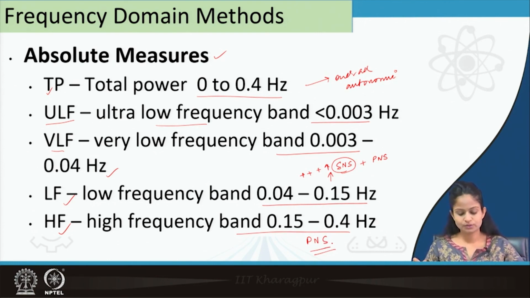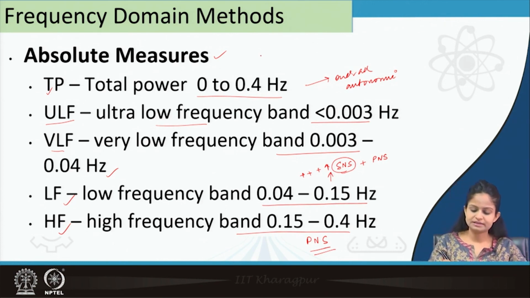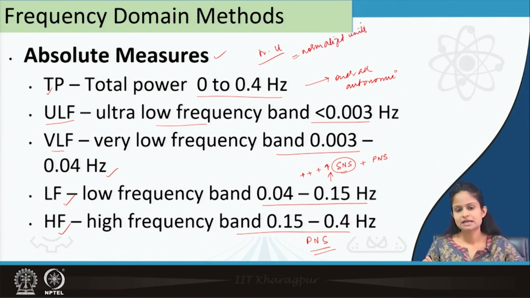Now, these are measured in terms of hertz. We also have normalized units, NU. Normalized units mean the ratio of the absolute measure of a particular frequency to the total power.